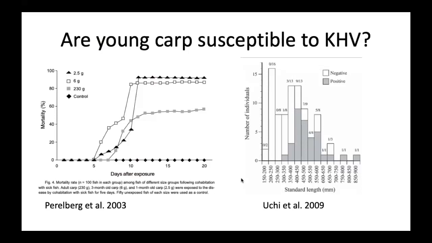The fish didn't catch the virus because they weren't alive when it was around. But they're in the same population, in the main lake. It's possible that the smaller fish are hanging out with the bigger fish, and so they're not catching it yet. They're all in the same population at this point. That's kind of the thought: they haven't caught it yet. And if they do catch it, maybe the reason they don't show up on this histogram is that they died instead of surviving and going into this gray category.